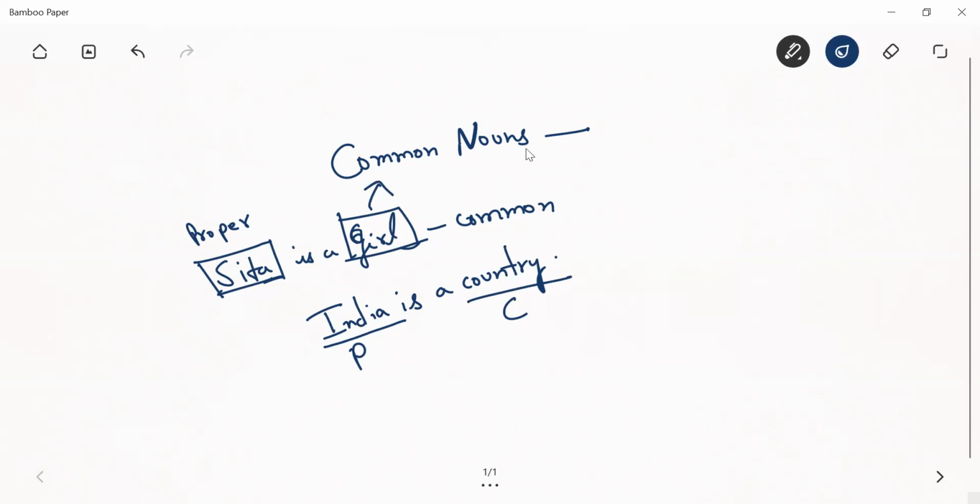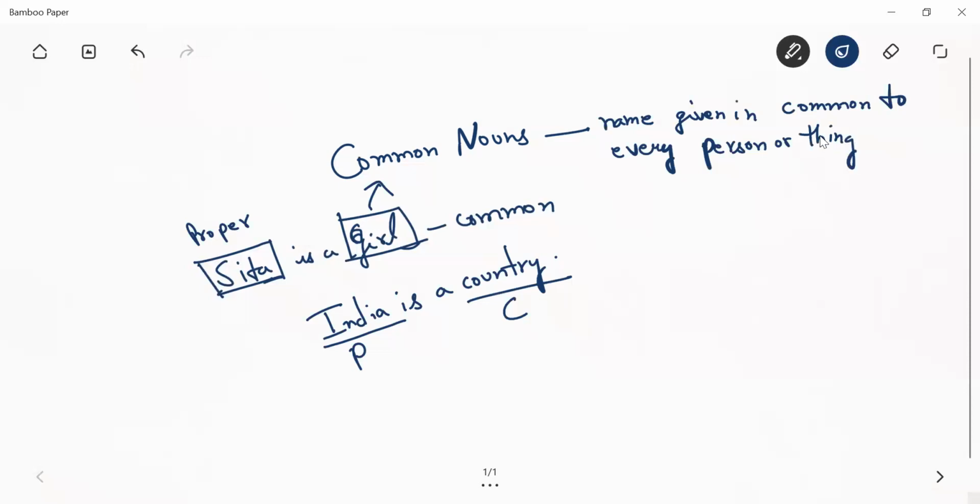Then a common noun is a name which is given in common to every person or thing of the same class.